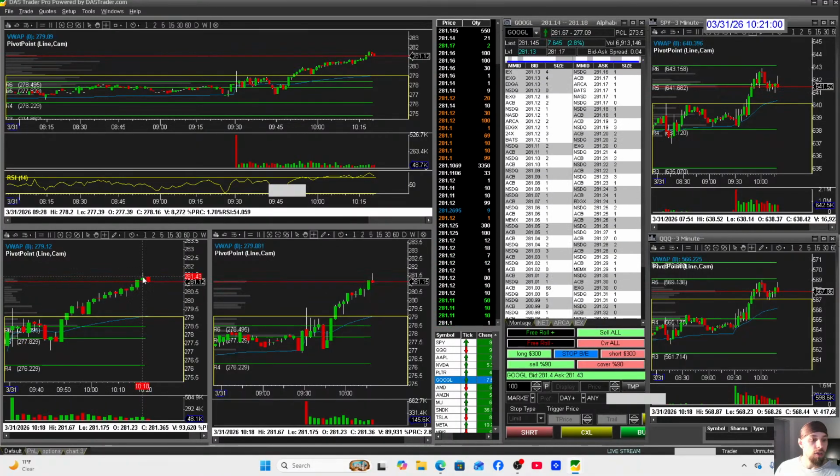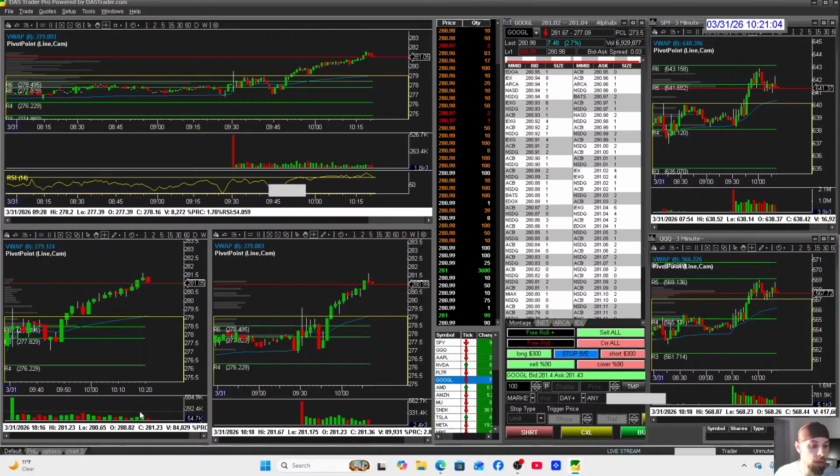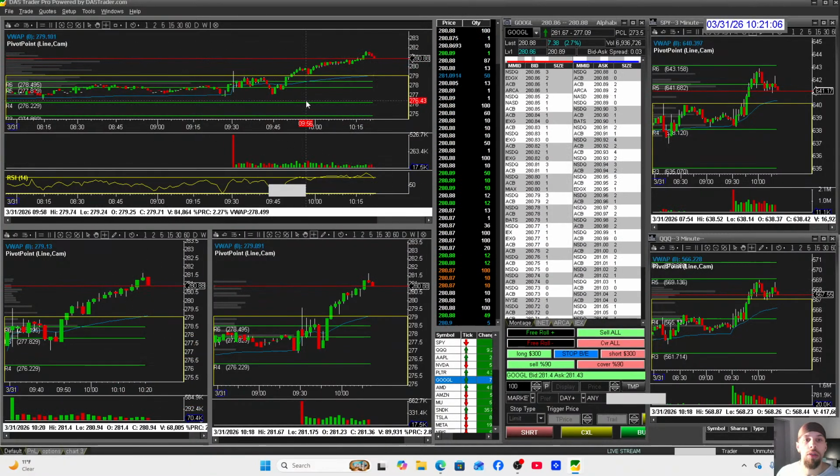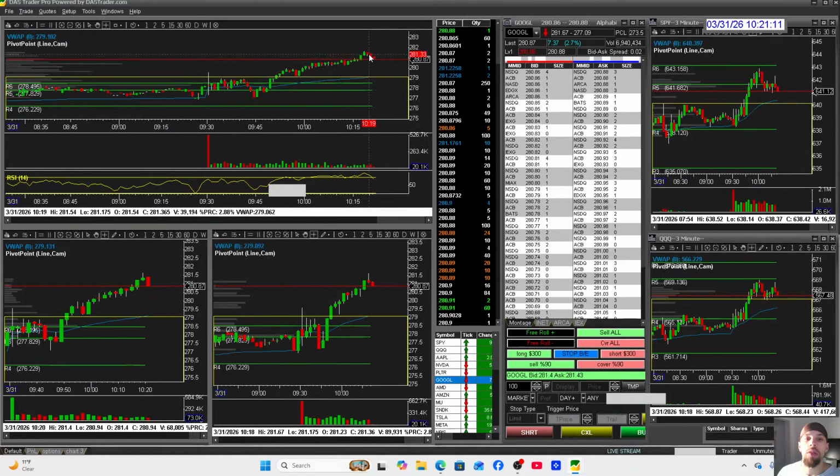The only thing is the volume. You look at the 2-minute here, a little bit of a shooting star, but the volume's very... A lot more liquidity now to the downside.